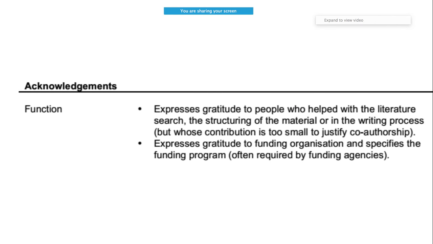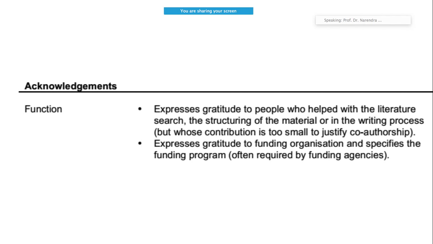After you have written all this, the next section, which you should not forget, is the acknowledgement. In the acknowledgement, you write about the people you want to express gratitude to, who helped with the literature search, the structuring of the material, or especially the writing process.